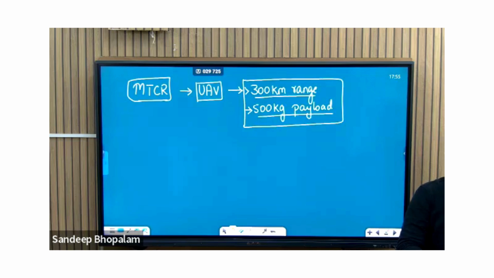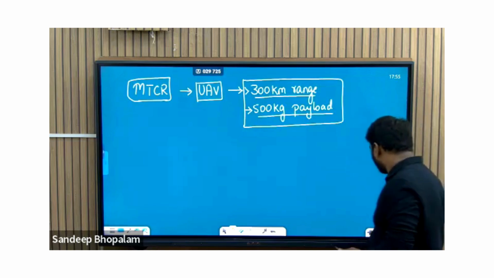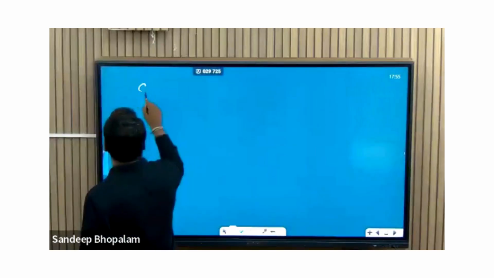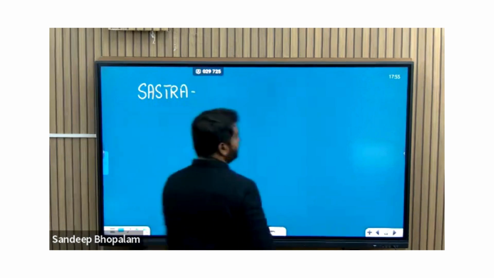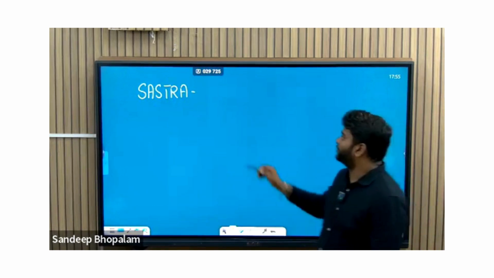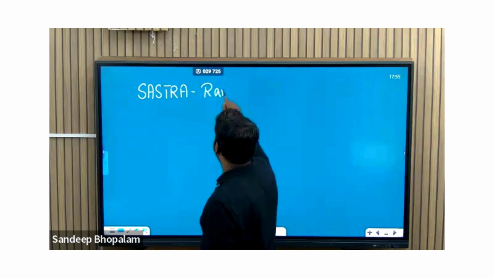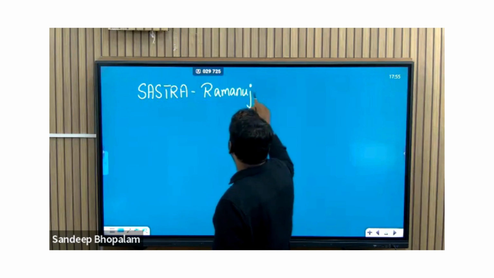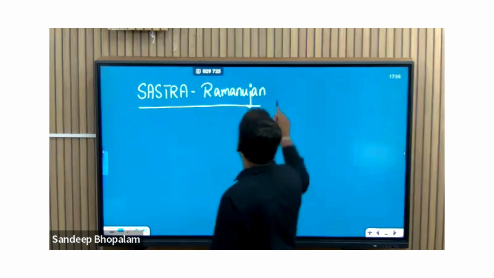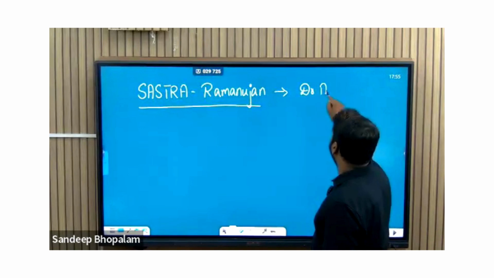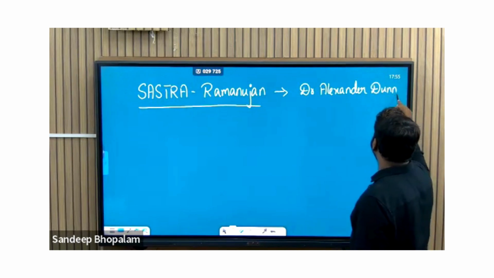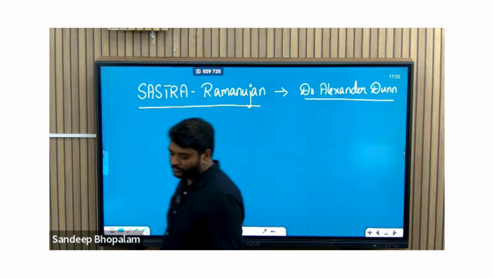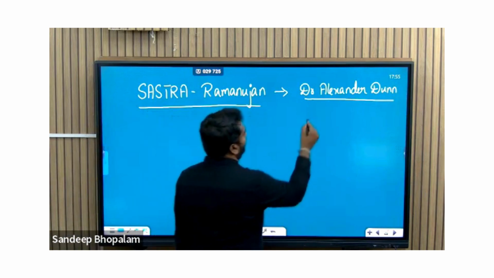Next is, see, this is just for information, guys. The Shastra Ramanujan Award is being given to Dr. Alexander Dunn for his work in mathematics.